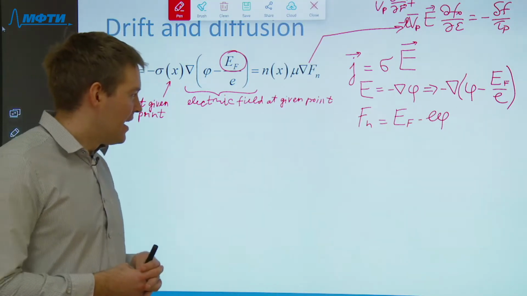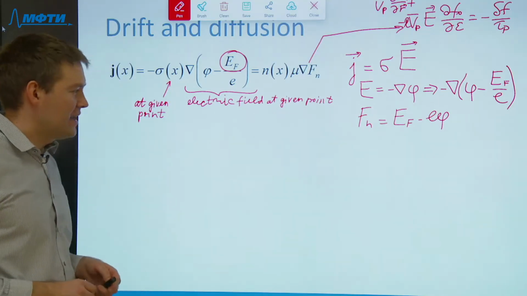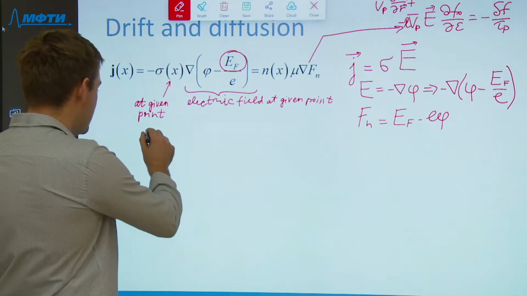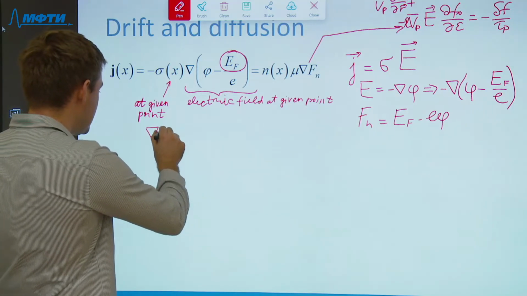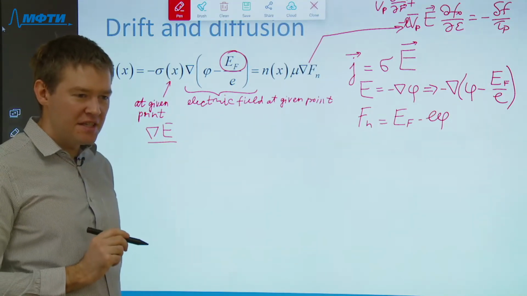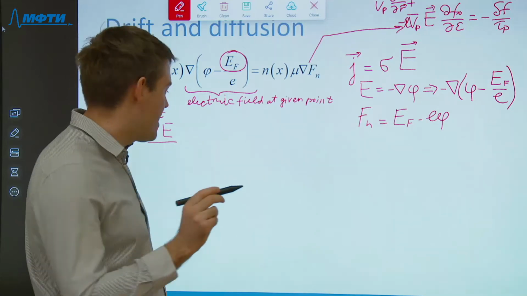Okay, I will formulate it and you will probably guess that it should work. The electric field shouldn't change very much at distances equal to the electron mean free path.